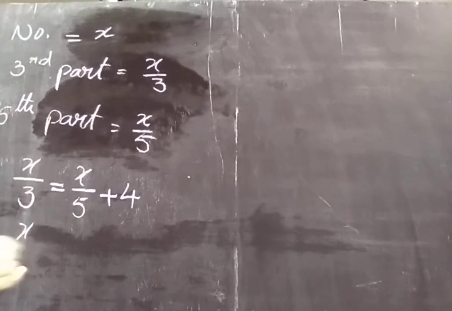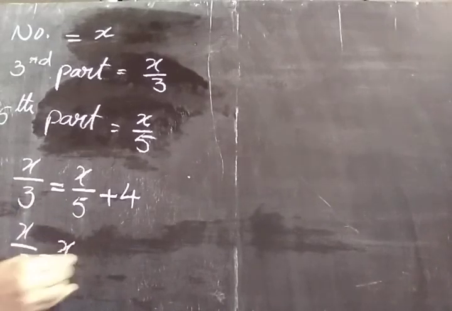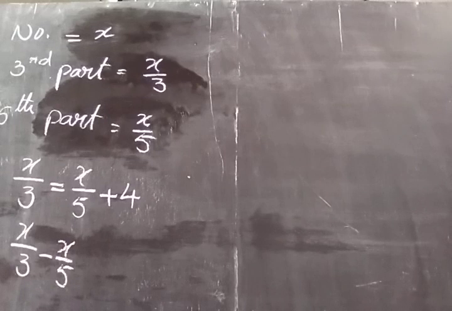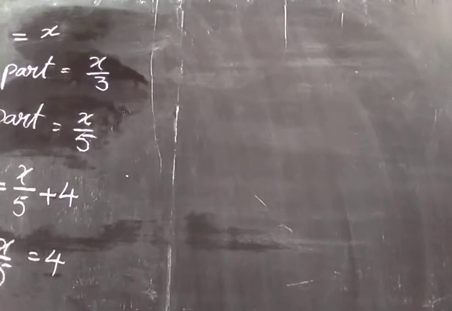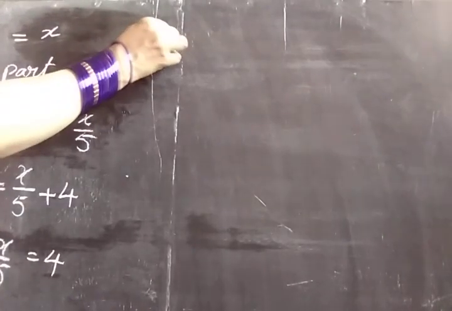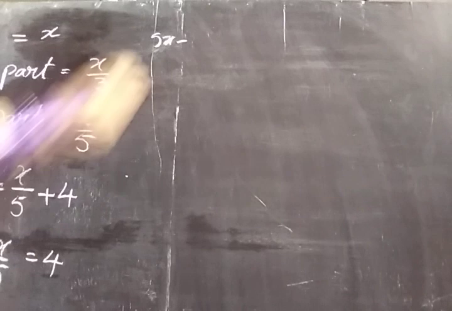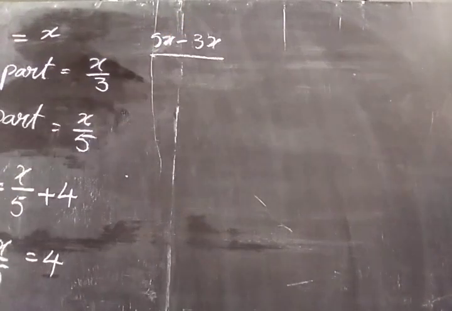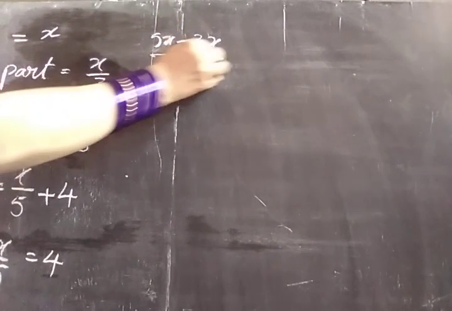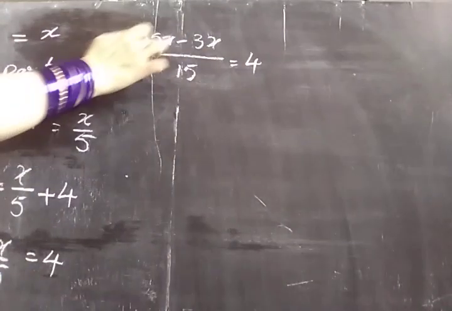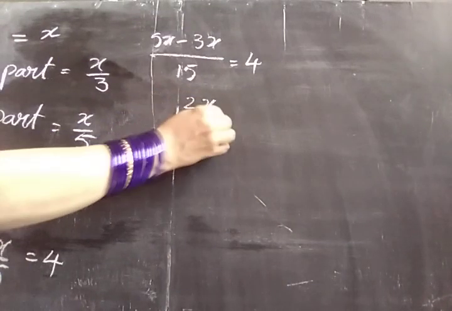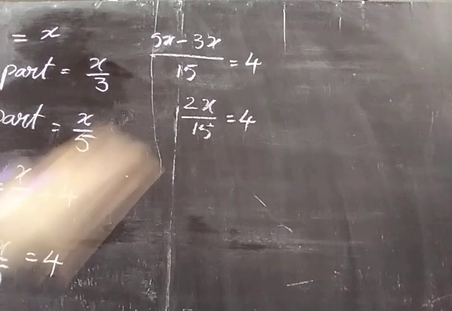Now x by 3 minus x by 5, transpose x by 5 to LHS, is equal to 4. As usual, cross multiplication: 5x minus 3x over 15 is equal to 4. 5x minus 3x, 2x by 15 is equal to 4.